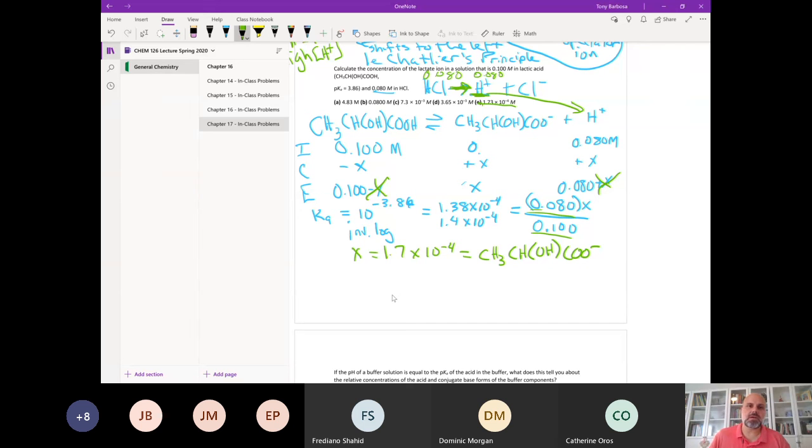You're going to think about it in regards to the concentration of the 0.100 molar solution, because the equilibrium expression is specifically for the lactic acid, and it's the dissociation of the 0.100 molar.